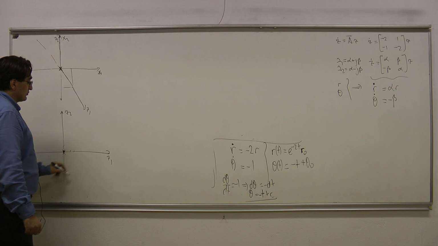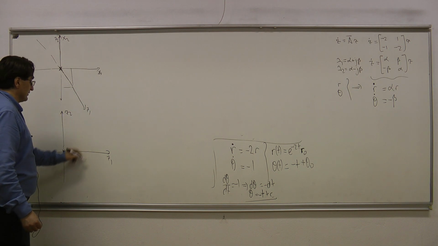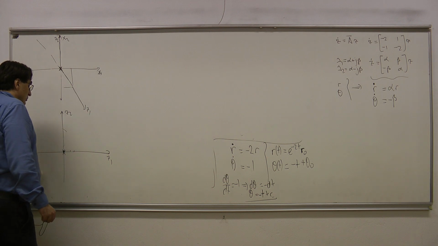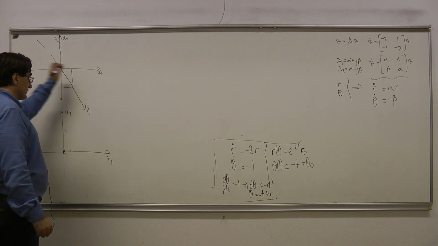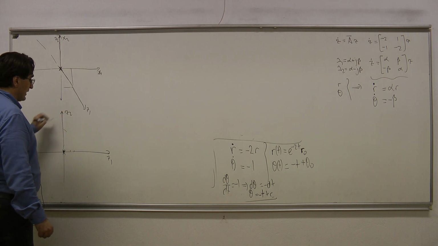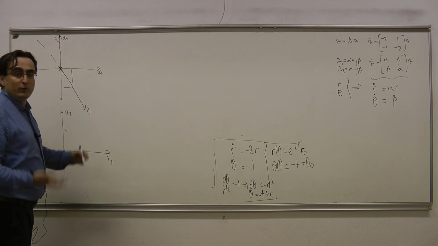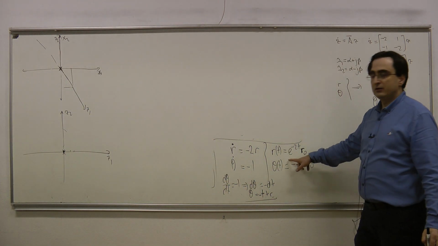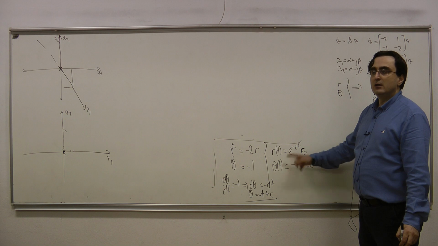But what about the radius? Is the radius going to get smaller and smaller, or is it going to get larger and larger, or is it going to remain constant? Which one would it be? So here we see the radius equation.